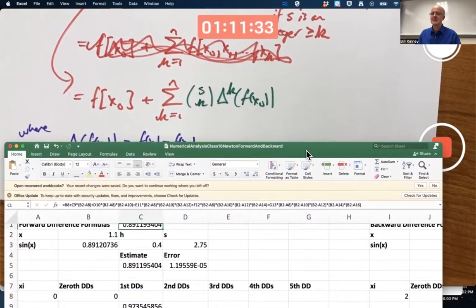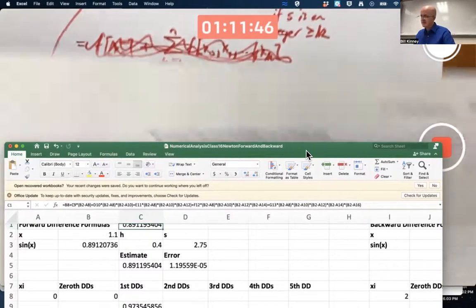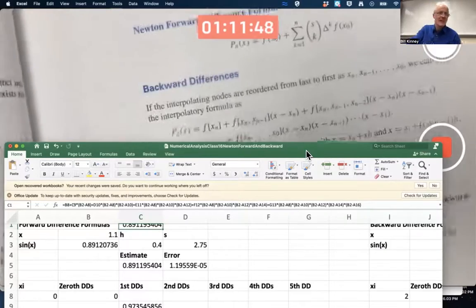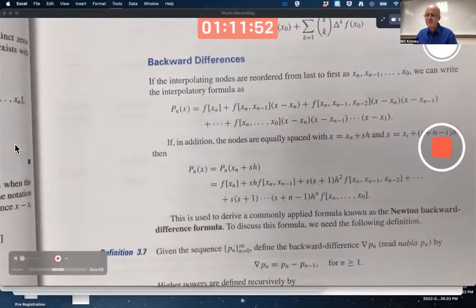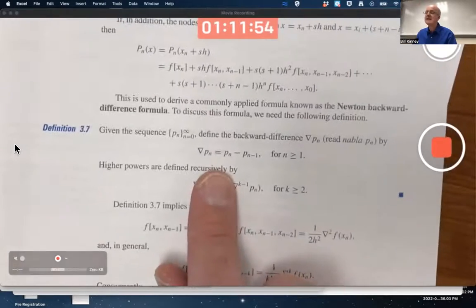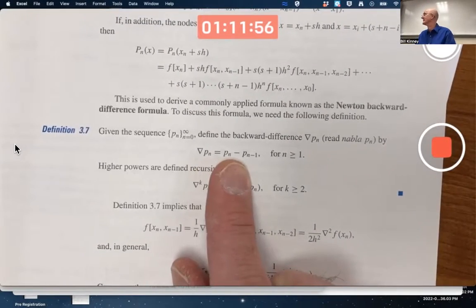We got 5 minutes left. Let's just look at the formula for the backwards difference one, though I will not have you do it for this assignment. Instead of using the delta forward difference operator, you do end up using the nabla backwards difference operator.